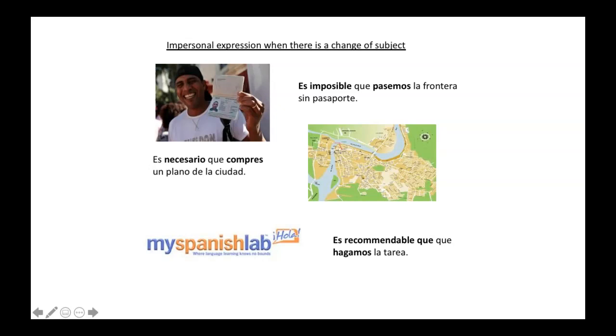It's better. And you use subjunctive when there's a change of subject, or when there is a specific subject in the second clause, like this: it's recommendable that we do the homework. Okay?